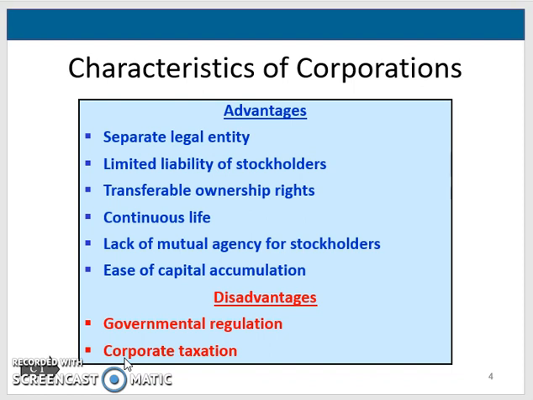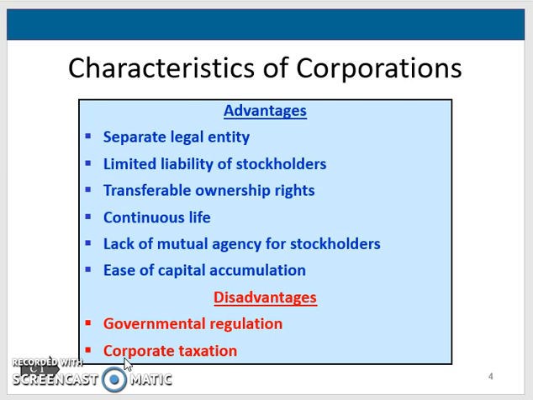The next one is the limited liability of stockholders. This is really important. The amount that you invest in a company is the most that you can lose. The stockholders are not liable for what the corporation does or the debt that the corporation creates. Limited liability means that the liability to pay a debt or for damages or malpractice, something like that, is going to be limited for a stockholder.